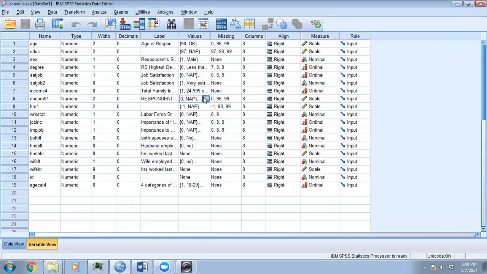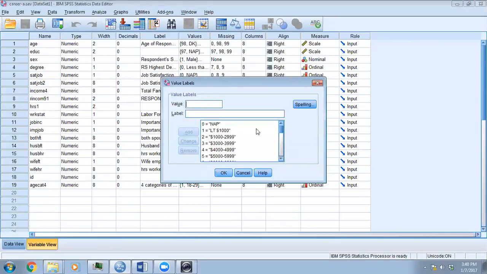But if you see the values here, it has ordinal values. So it has a lot of categories, almost 21 categories. So it is treated, in fact, as a ratio scale.